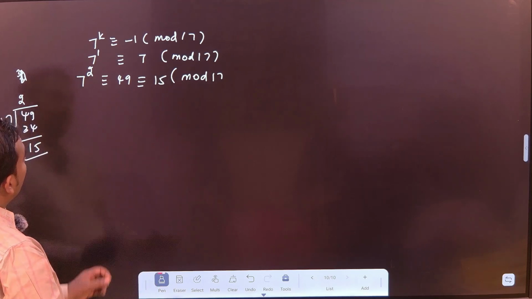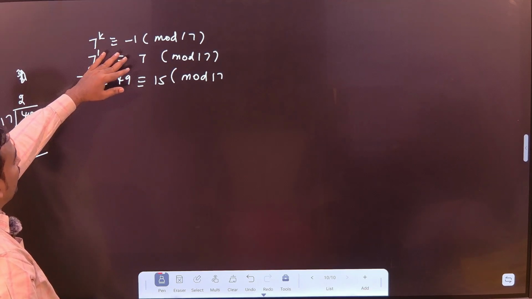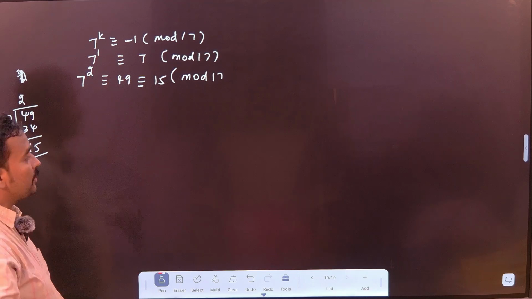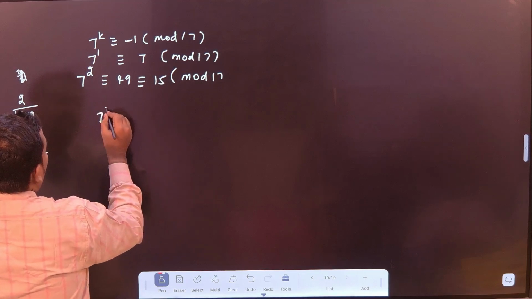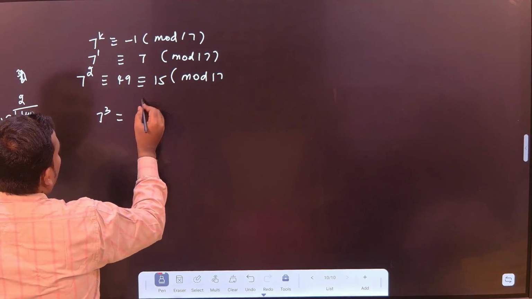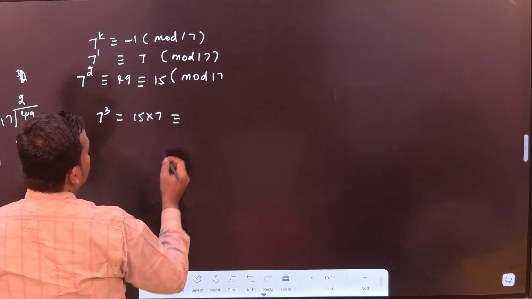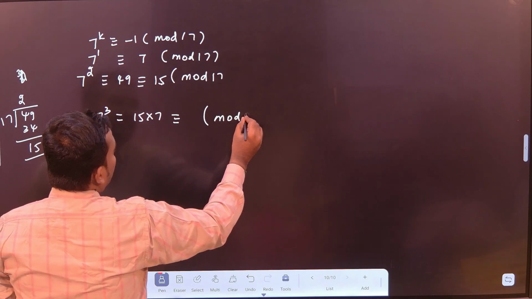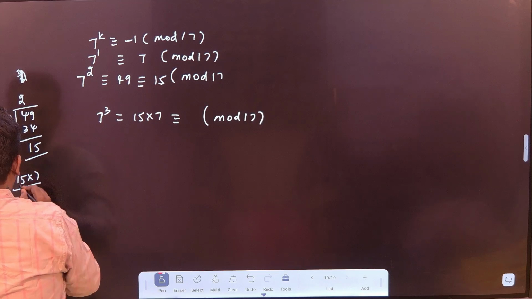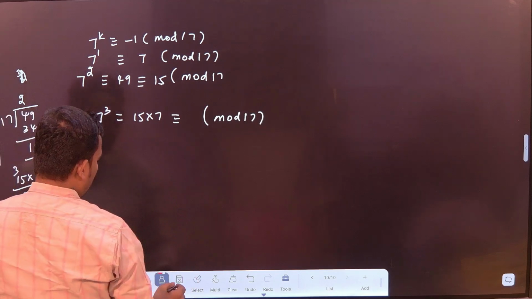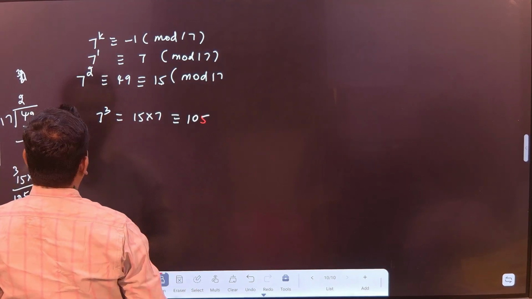Clear? So I need to find the least positive integer value of k such that 7 power k is congruent to minus 1. Which values of k are possible? I am just finding the k here. Okay, so 7 cube: the remainder is 15, you have to multiply by 7, right? Modulo 17, 15 into 7 is 105, right?